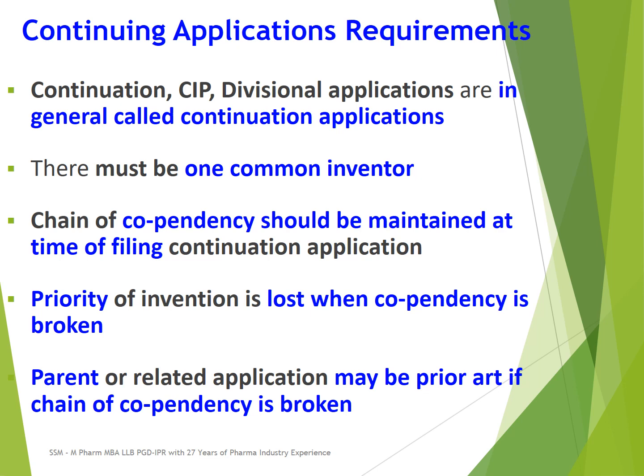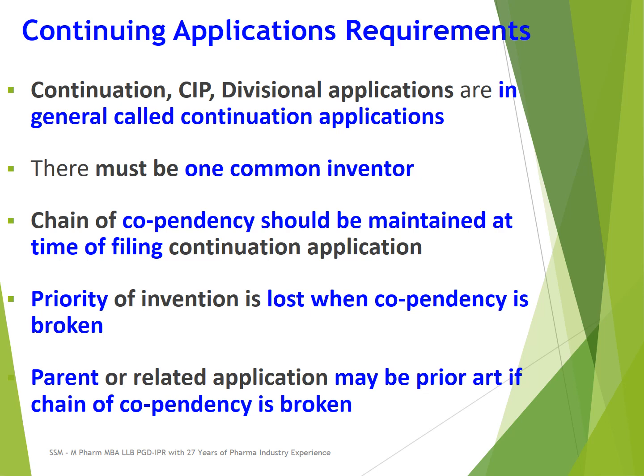The next requirement is that the chain of copendency should be maintained at the time of filing the continuation application, which means when you are filing the continuation application, at that time the original or parent or earlier filed application should be pending. A patent should not have been granted on that earlier or original filed application.